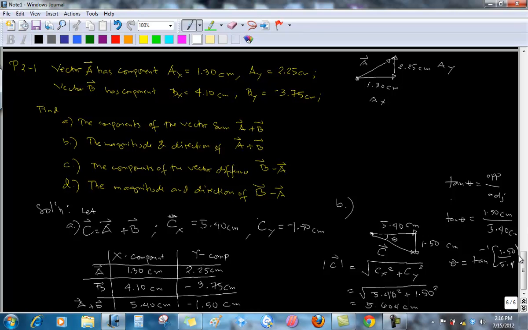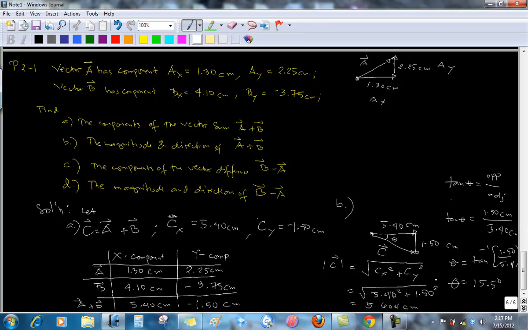Take note, your calculator should be in degree mode to be sure, not radian mode. So 1.5 divided by 5.4, then shift tangent inverse, equals. Theta will be equal to 15.5 degrees.